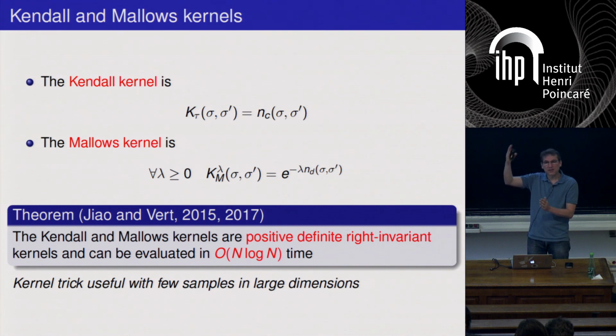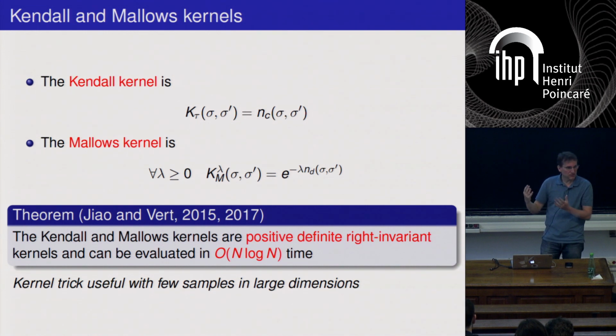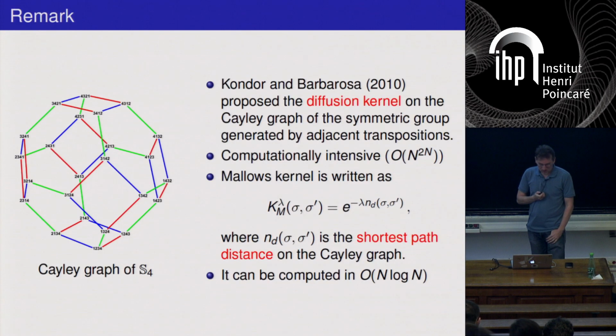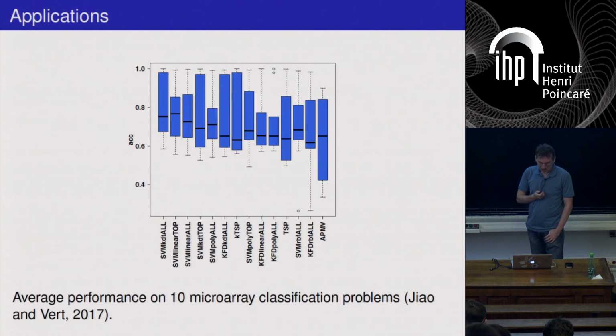But even though you have n squared dimensions in this space, all computations can be done in n log n using sort kind of algorithms. So you can work implicitly in the space and have computational advantages, and you can work with very large n, and you still work in n log n if you don't have too many examples to study.